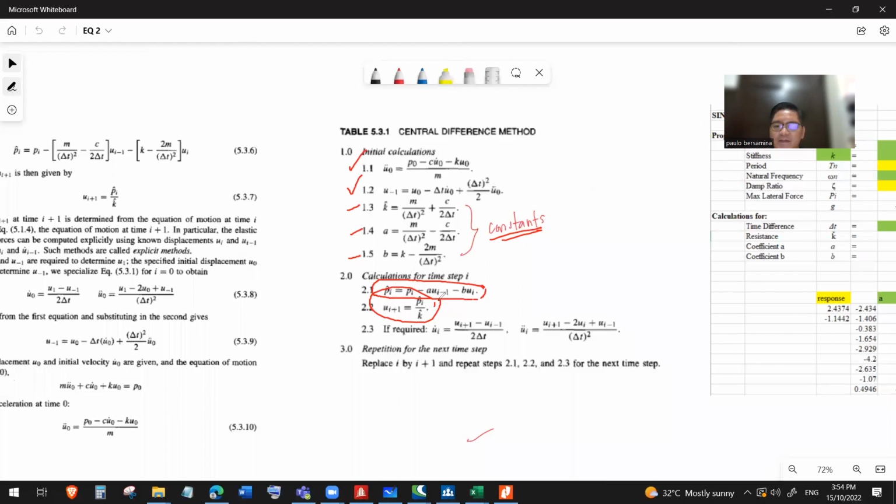Okay, kasi itong a and b are constant, no. And then yun nga, yung u i is also computed every time step. Okay, but yeah, the k hat is basically constant, no? Kasi yan yung stiffness mo, no? And again, yun nga, no? Nakikita nyo dito sa algorithm niya na k hat, in this case, is constant, or the stiffness in general is constant.